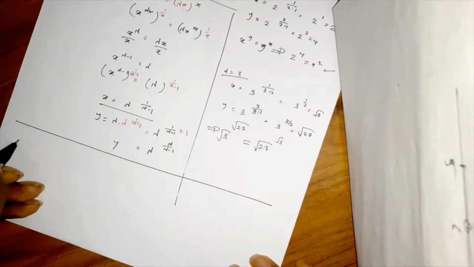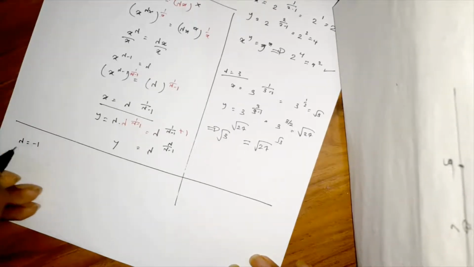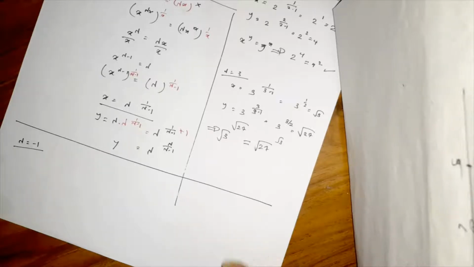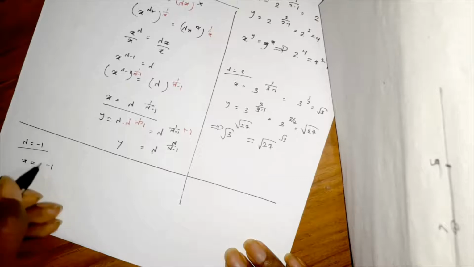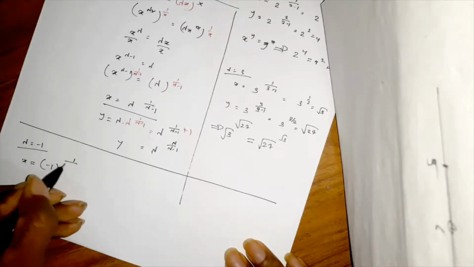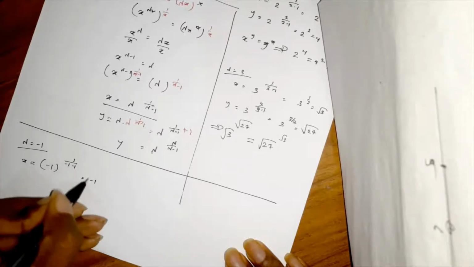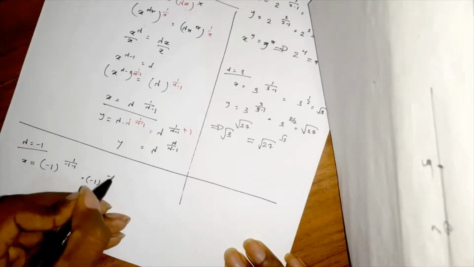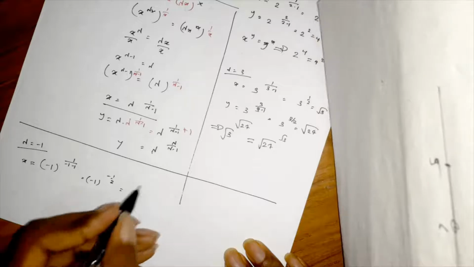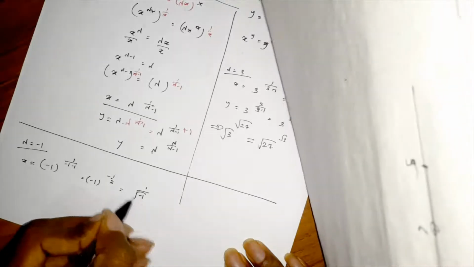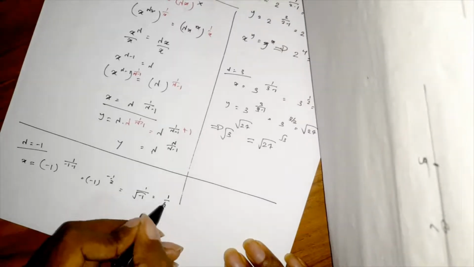Let's put lambda equals minus 1. So x becomes minus 1 to the power 1 over minus 1 minus 1, that means minus 1 to the power minus 1 over 2, which means 1 over i.